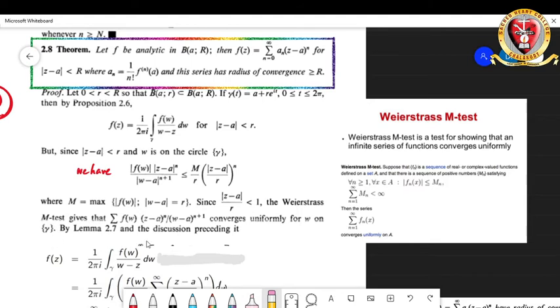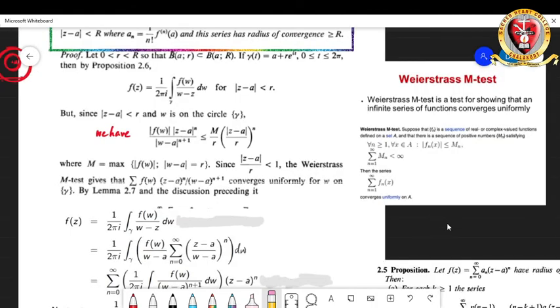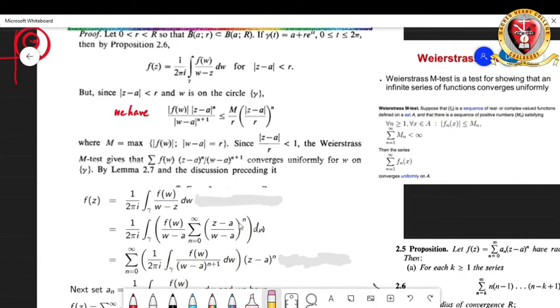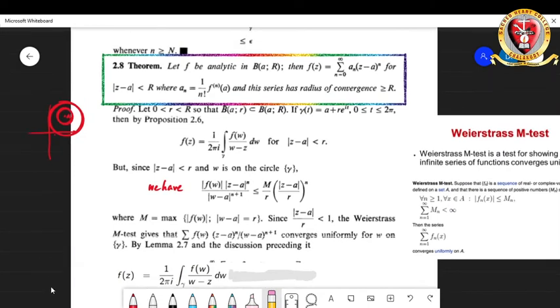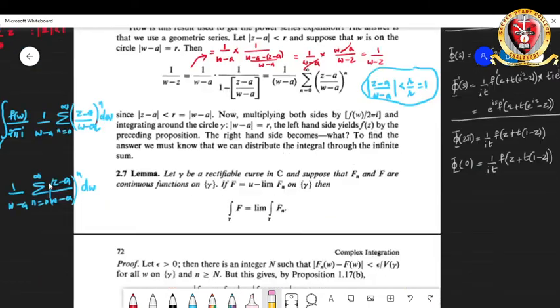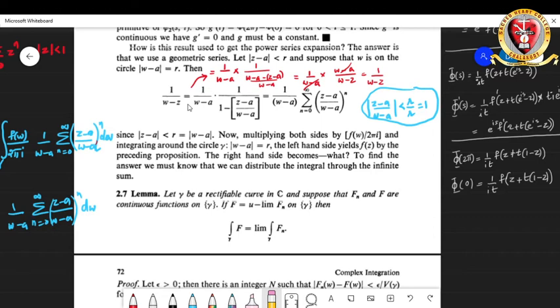Now you have to use Cauchy's integral formula, which says that if z is from inside the desired domain, you get f of z is equal to 1 by 2 pi i integral over gamma of f of w divided by w minus z dw. Earlier, while we started this lecture, we said that 1 by w minus z can be written like this.